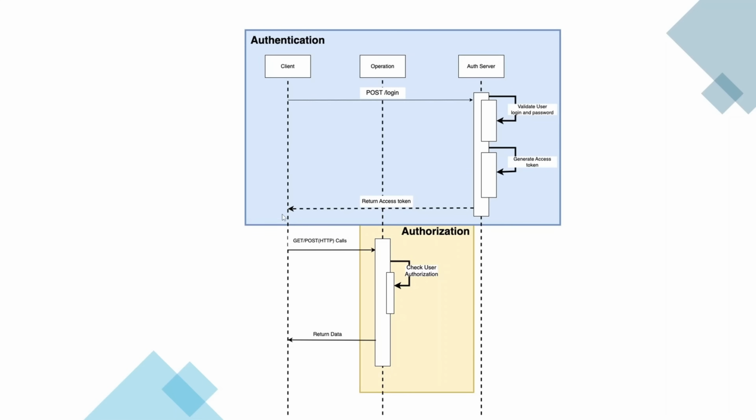Now, when you then want to make a call to, in our case, the expense tracker, it sends that particular token through the header, right? And sends it to, say, our expense tracker. And then the expense tracker checks if that particular user has the authorization to make those calls. And if it does, it then returns the data.